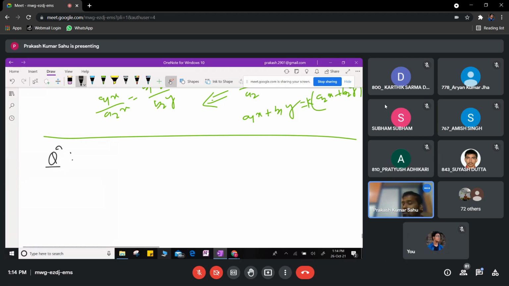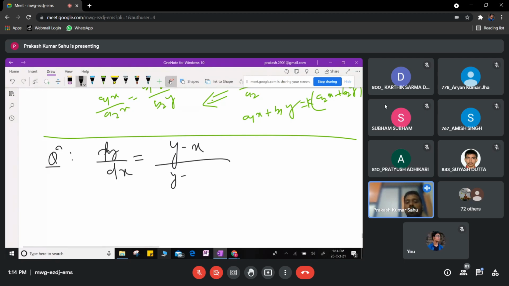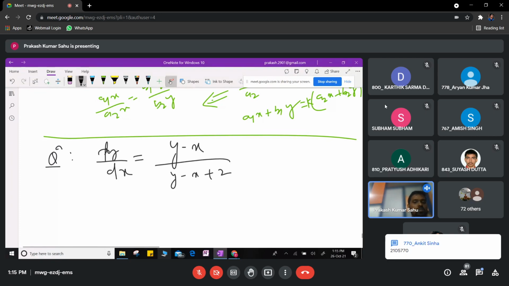Question 1: write dy by dx is equal to y minus x divided by y minus x plus 2. This is case 2.